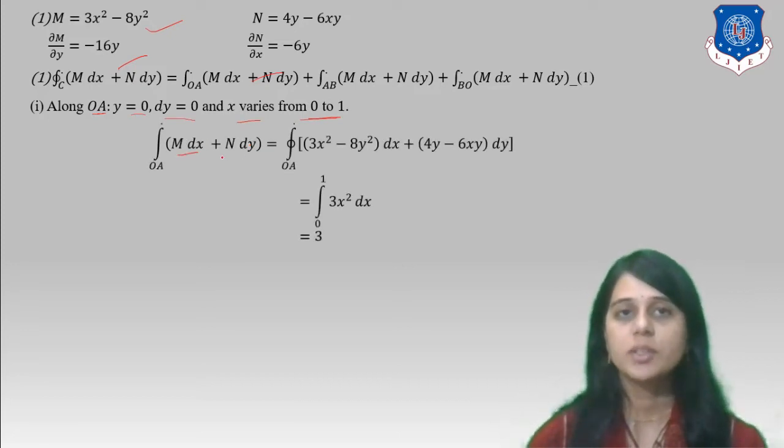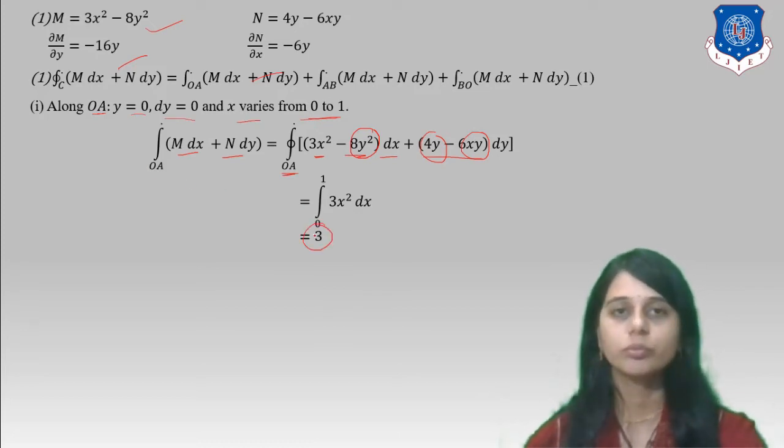The integral of M dx plus N dy over the OA path: the integral from 0 to 1 of 3x square dx. Why? Because y is 0, so only 3x square dx remains. So the answer is 1. So the integral over the OA path is 1.